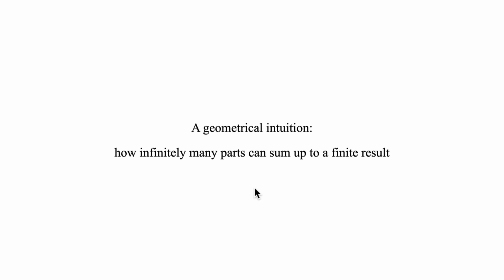And the first part is about geometry. How to illustrate the geometrical intuition that infinitely many parts can sum up to a finite result. I will show you a construction which should be pretty easy to understand intuitively. I will show you an illustration for the sum of these fractions.